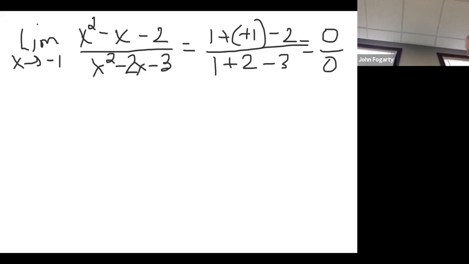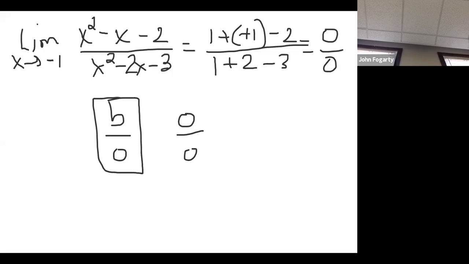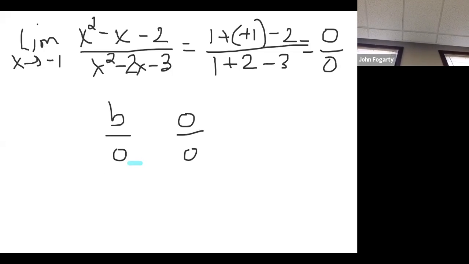So when you have 0 over 0, first thing you got to remember, fellas, a number other than 0 over 0 and 0 over 0 are not the same thing. B over 0 and 0 over 0 are not the same thing, right? When you have b over 0, you're pretty sure you have a vertical asymptote. Does that make sense? All righty, so just remember that.